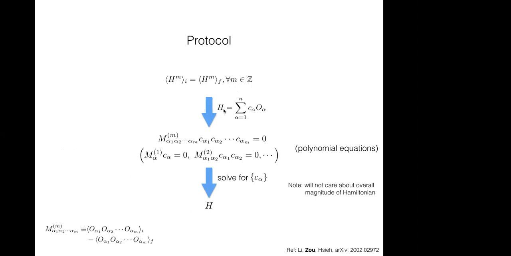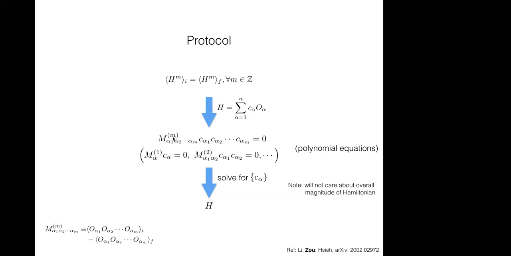Then we just plug in this decomposition of the Hamiltonian. We will obtain a set of equations for the coefficients C. So in this equation here, the repeated indices are summed over, and the C is some difference between the expectation values of some operators.